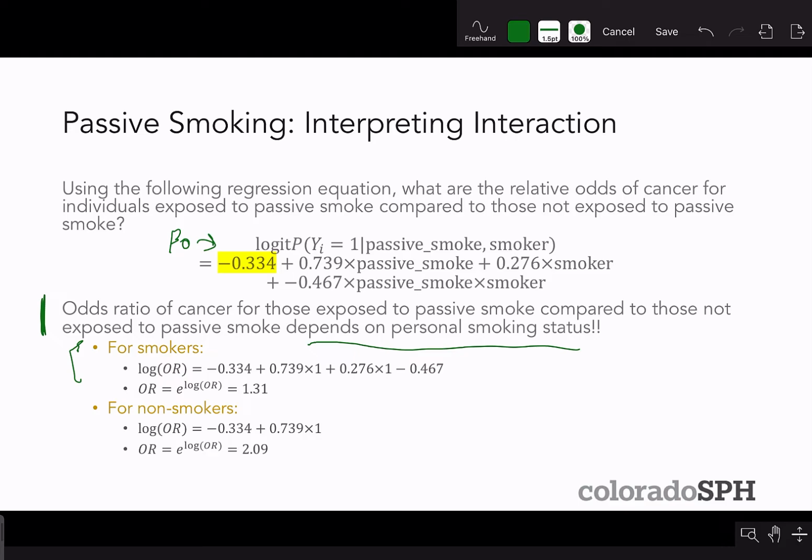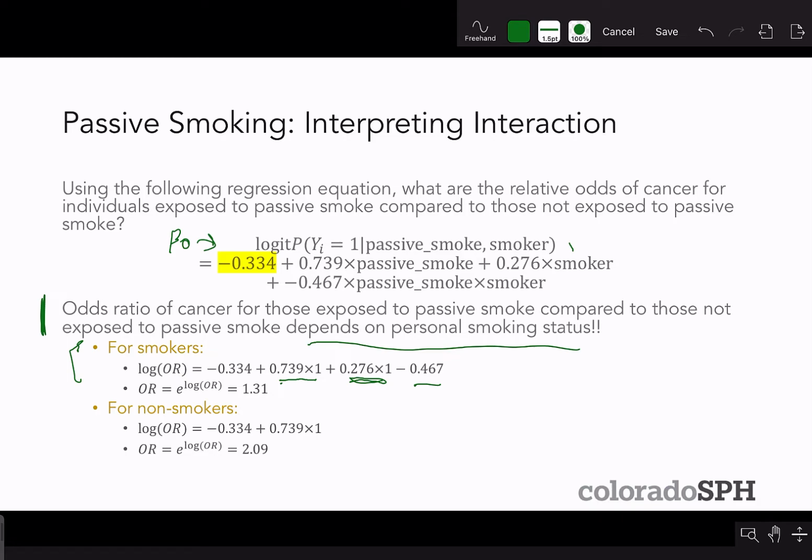So basically you include the intercept, and then you multiply by 1 for passive smoke, and then you multiply by 1 for smoker because this is the smoker group, and then you subtract the beta for the interaction term.